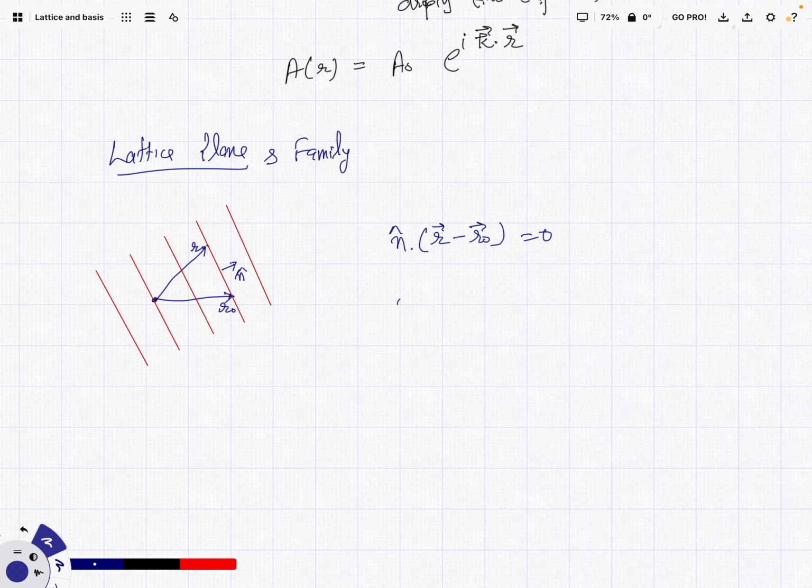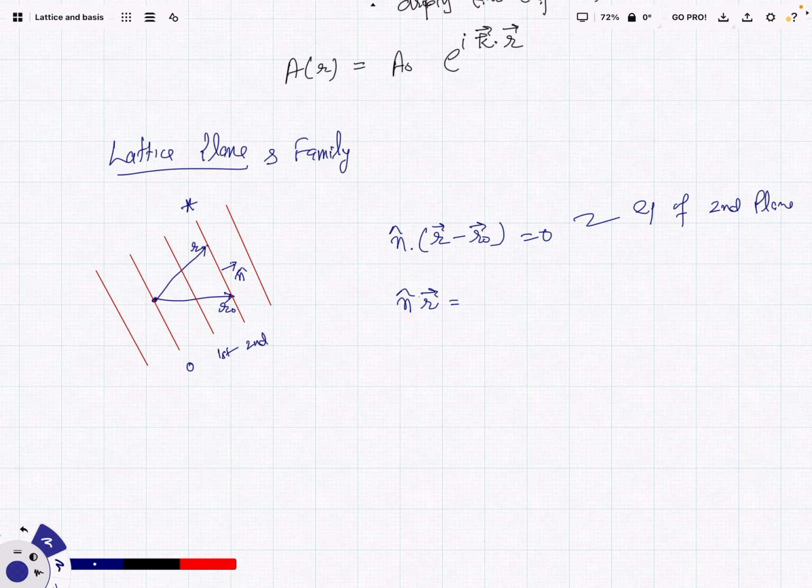So this is the equation of, let's say, this is the 0th plane, this is the first plane, and this is the second plane. This is the equation of the second plane, I'm saying. I took one of the planes, you can see the one with the star, right? And I wrote this equation. And then I'm going to generalize this equation to write for any n plane, any of these planes, right?